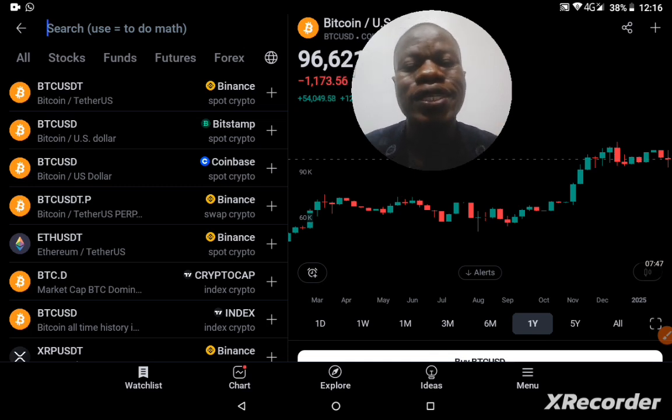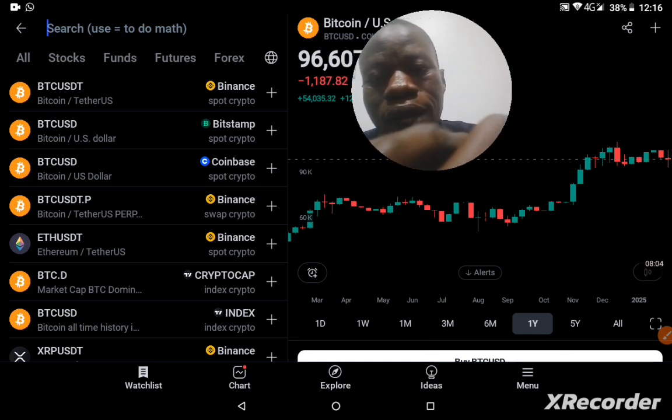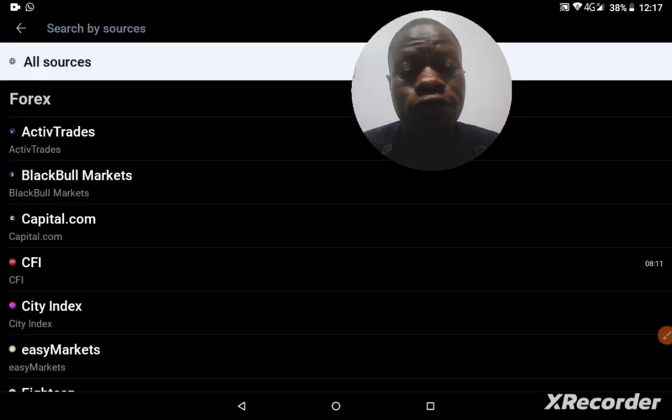Another party is the intermediary. What is an intermediary? The platform that allows you to trade. When you want to trade your cryptocurrency, you need to have an account on an exchange. You can see if you click on this earth icon, it will take you to categories of intermediaries.